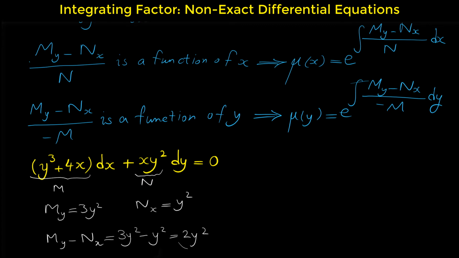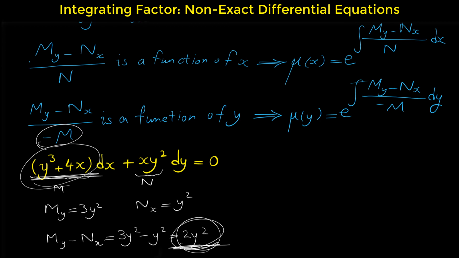If we divide 2y squared by N, y squared and y squared cancel each other, and then we get a function in terms of only x. But if we divide this difference by negative M, this expression cannot be simplified.